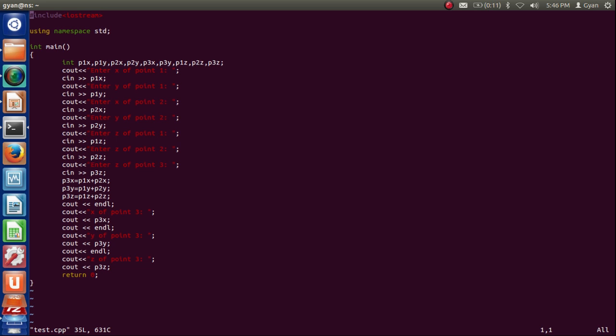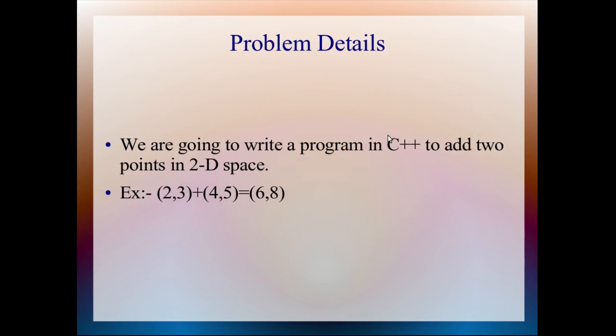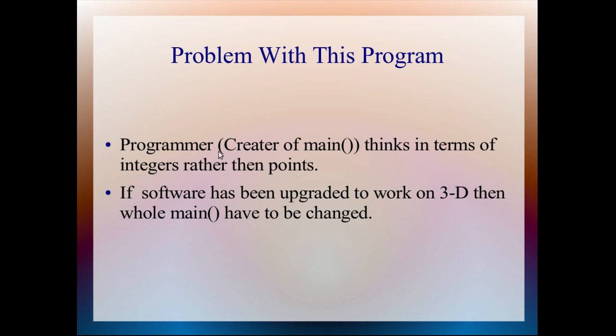Okay, so we have seen there are two problems with this program. The two problems were: the programmer, the creator of main, thinks in terms of integer rather than point. There was no variable of type point, all the variables were of type integer. So this is sloppy thinking.